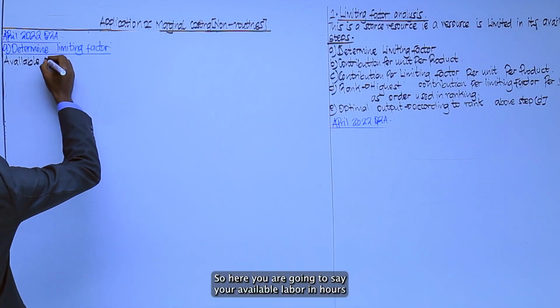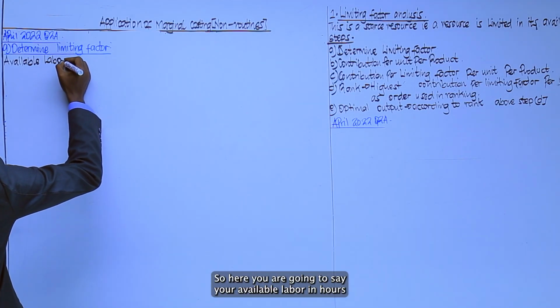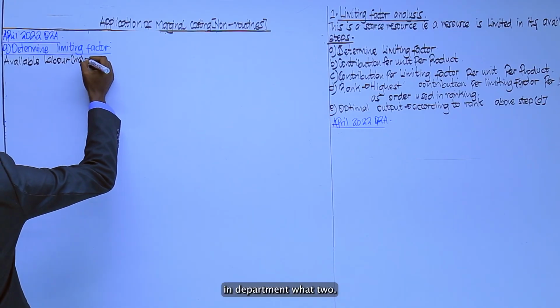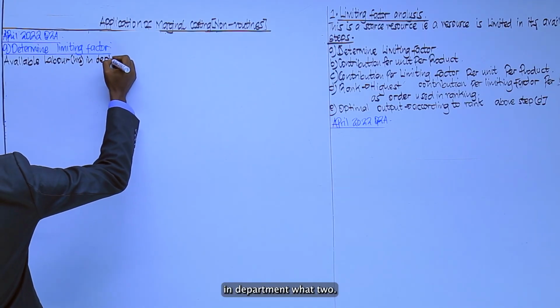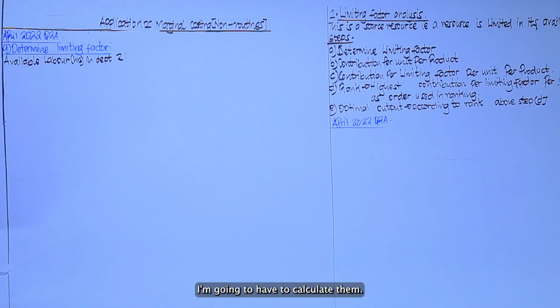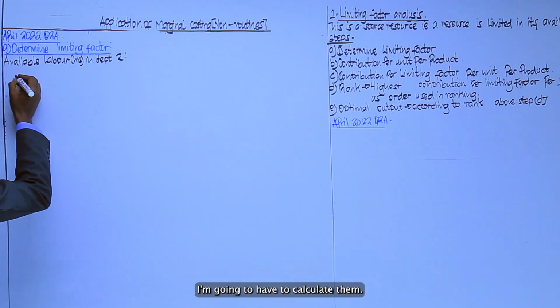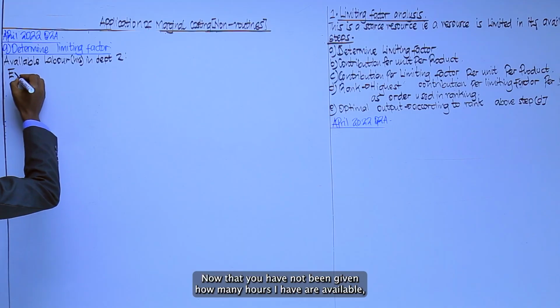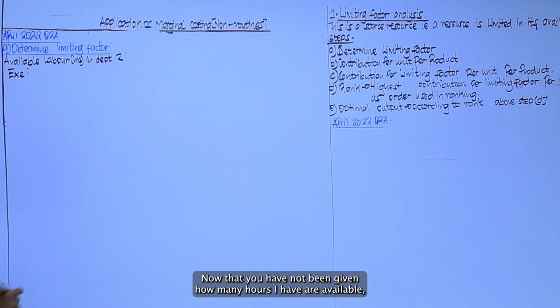So here you're going to say your available labor hours in department 2. Your available hours in department 2, we're going to have to calculate them now that you've not been given how many hours are available.